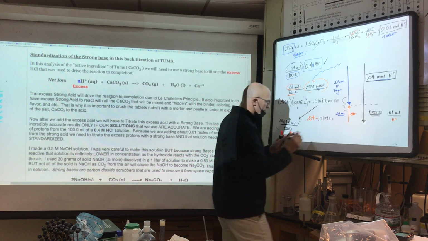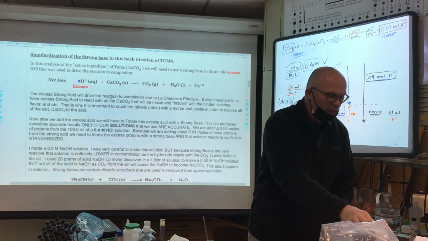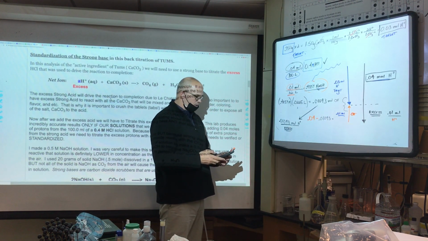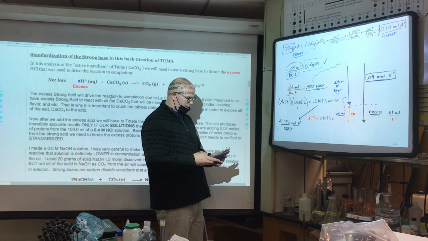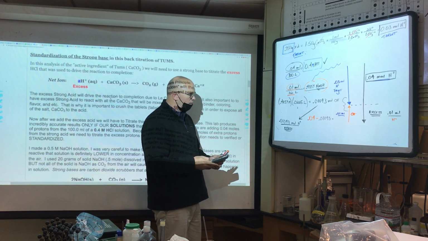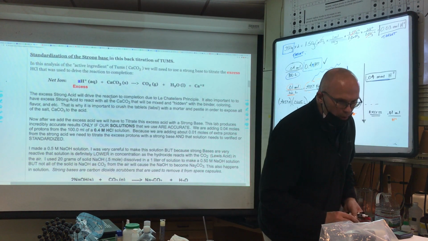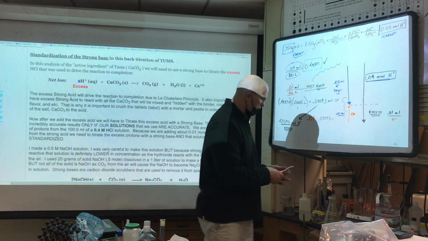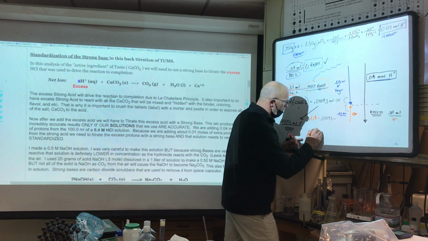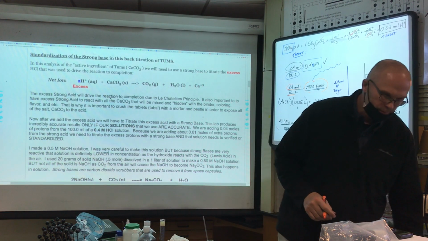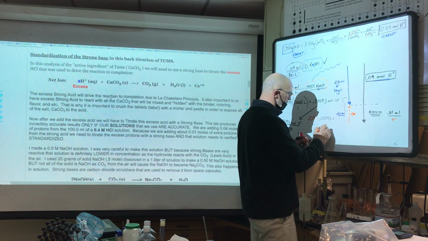This is going to give me the exact amount of H pluses or protons that were needed to neutralize my tabs. 0.04 minus 0.01093, and what I get is 0.02907.